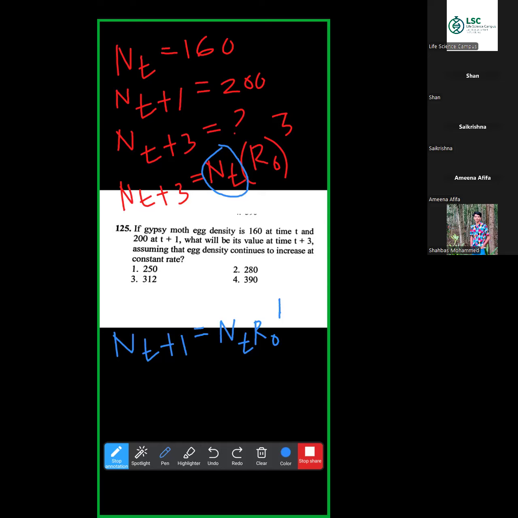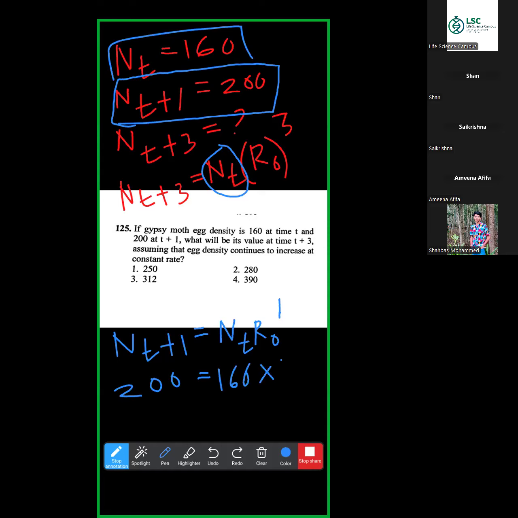NT plus 1 is already given in this question, so 200 is equal to 160 into R0 raised to 1, so R0 itself.